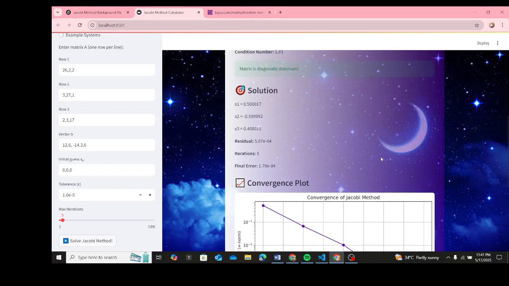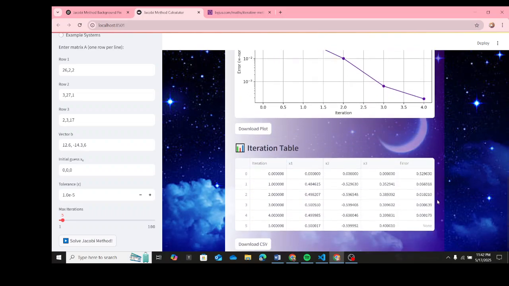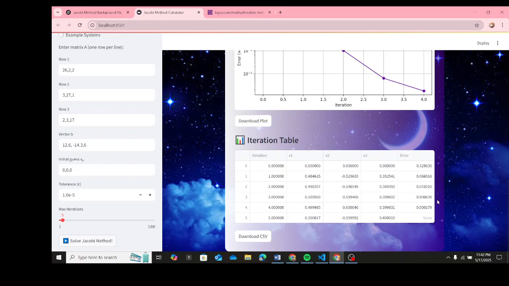I also have a convergence plot, which means that it formed a diagonal line, and below we have the iteration table.